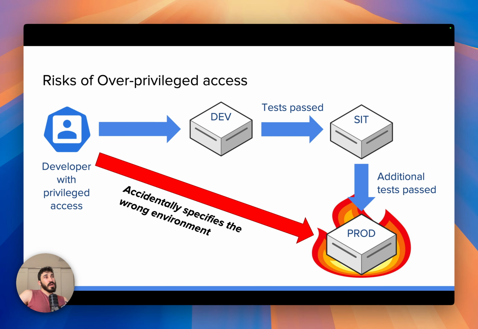So let's talk about the risks of overprivileged access here. All right. Now you can imagine that when users, applications, or systems have more permissions than necessary, they can inadvertently or maliciously perform actions that compromise the security, integrity, or confidentiality of a system. For example, let's say we have a developer with unnecessary access to the production environment.